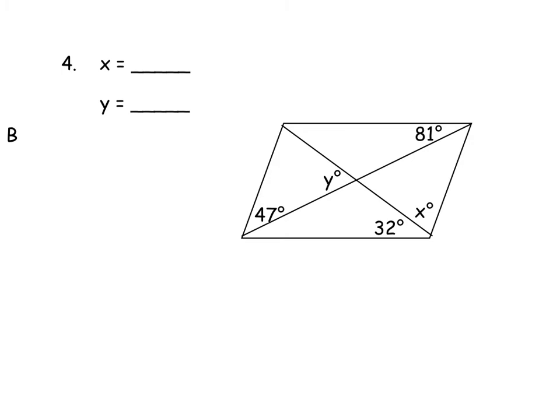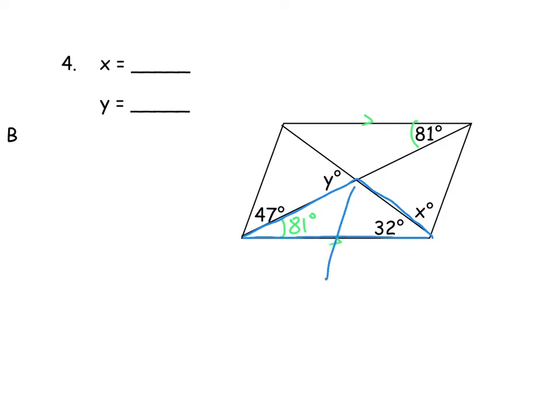So if you look at number 4, I need to find x and y. To do that, I'm going to start looking at those parallel lines. So if this is 81, then this is going to be 81 as well because of alternate interior angles and because of the z. So now I have 2 angles out of 3 in this triangle.